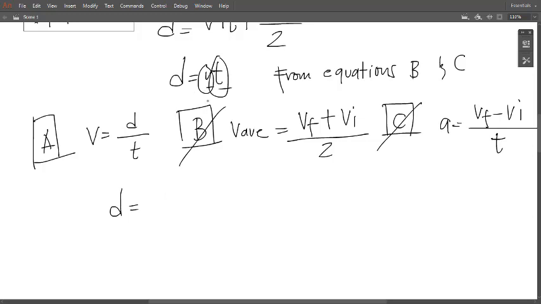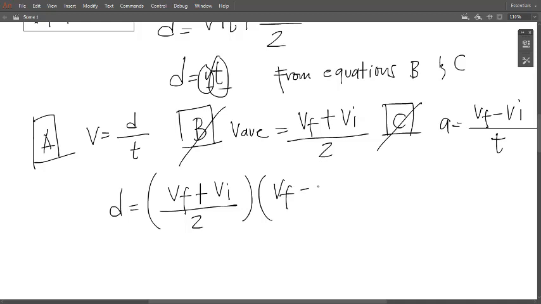For final velocity, we have the average velocity over 2 multiplied by the formula for equation c, which is the acceleration, the difference between initial and final velocity. But we'll be using a here.